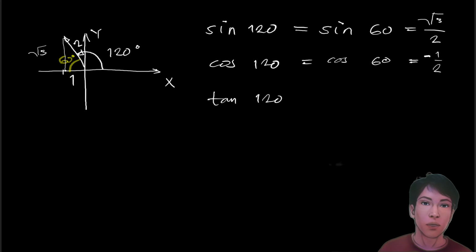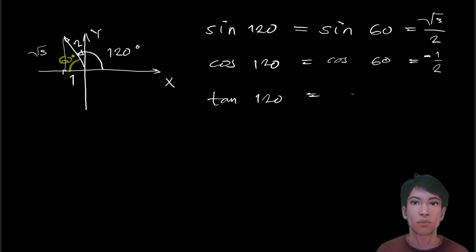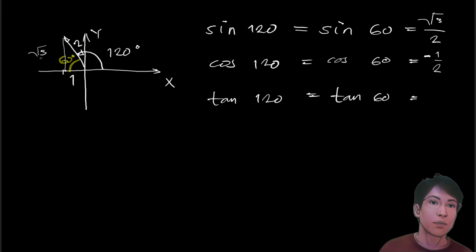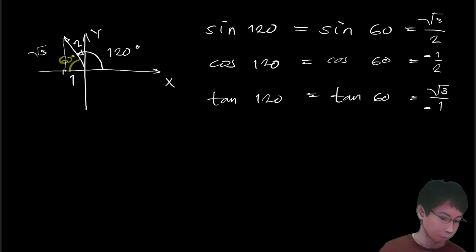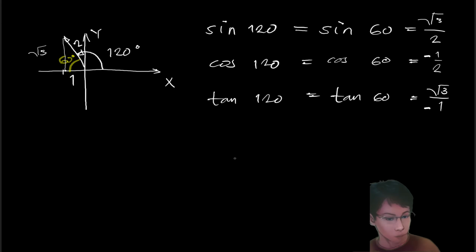Tangent 120, again from the reference angle, that will be tangent 60. So opposite over adjacent, square root of 3 over negative 1.